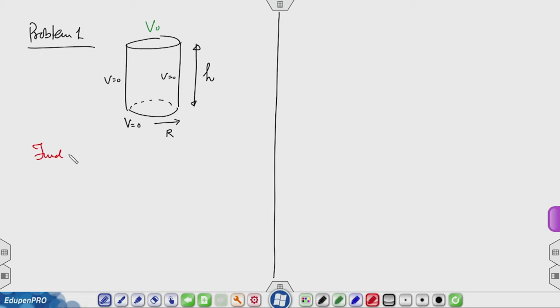Find the potential V(s, z) everywhere inside the cylinder.